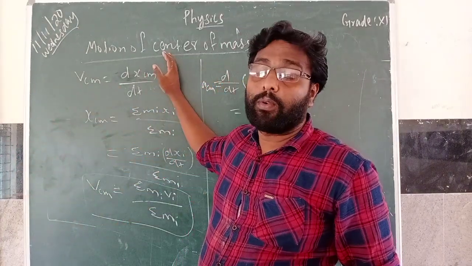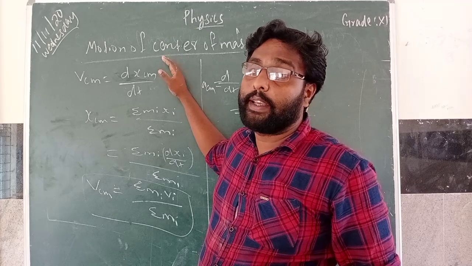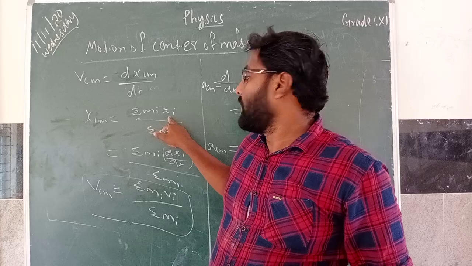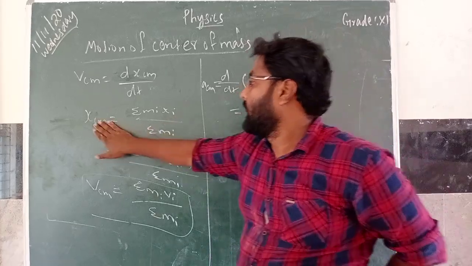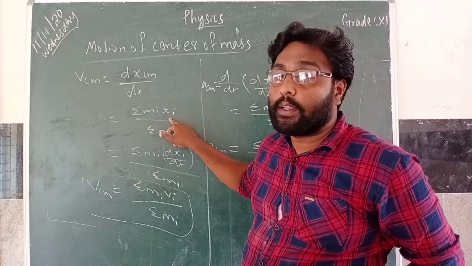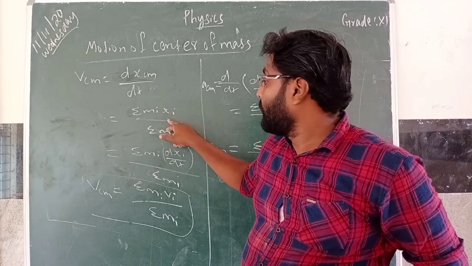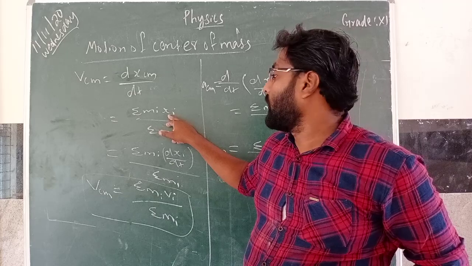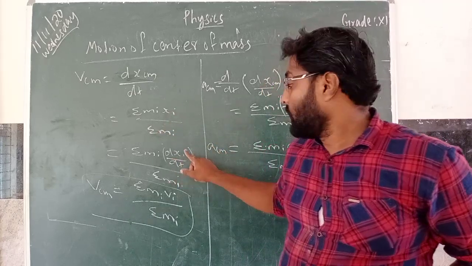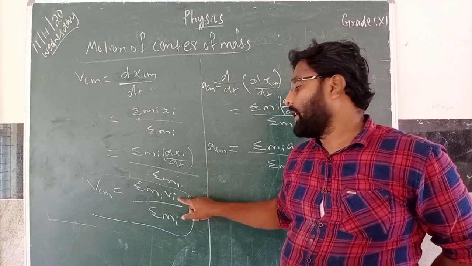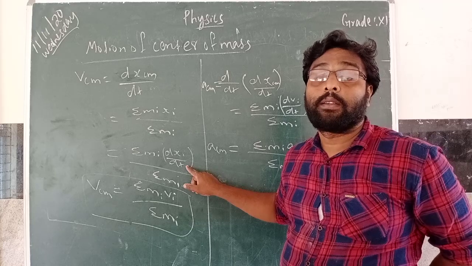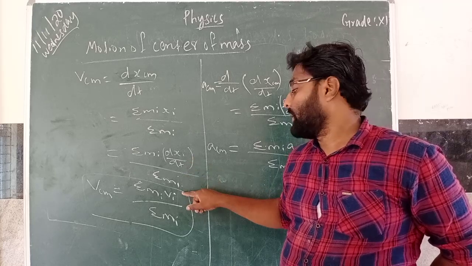So the first derivative form, the velocity form, is dx by dt. You differentiate this with respect to time, so xi becomes dxi by dt. This dxi by dt you can write as velocity, since dx by dt means displacement by time, that is velocity.